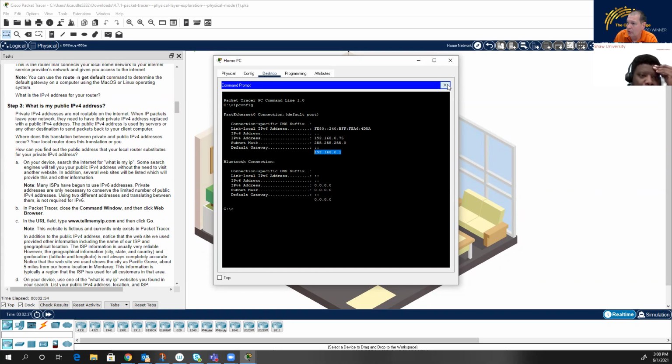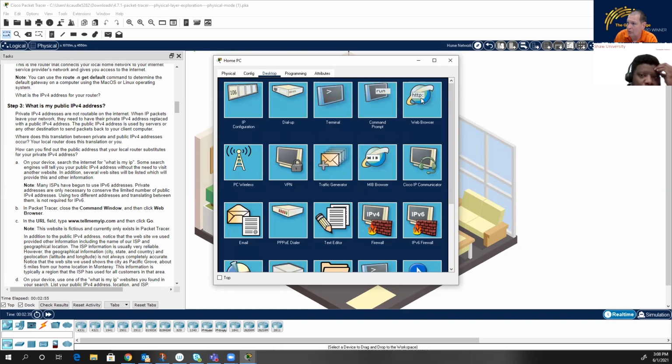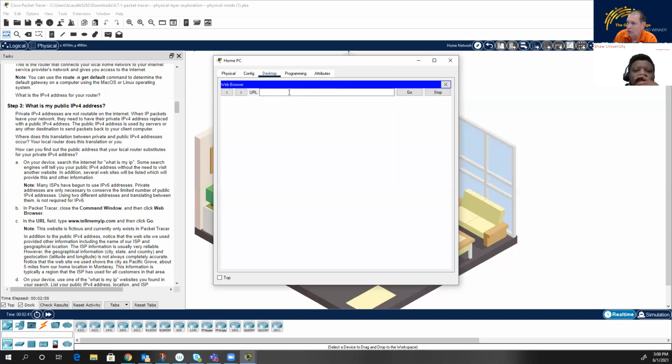So if we go in here and close this and go to the web browser, it tells you to type in www.tellmemyip.com and click go. And this is all being simulated. There's a simulation going on. So if I click go again, it takes just a little bit to figure it out, but it's actually going to eventually tell me what my actual public IP address is.